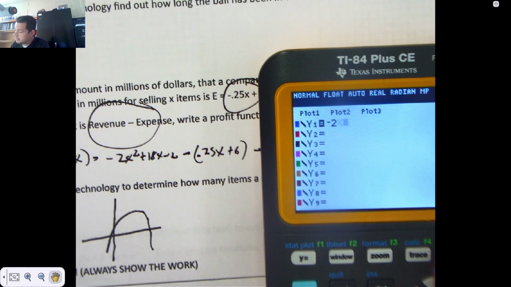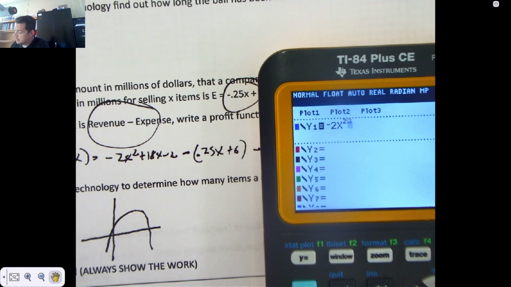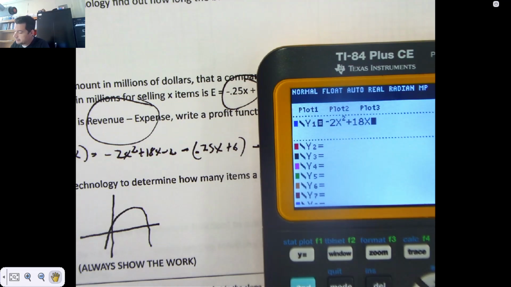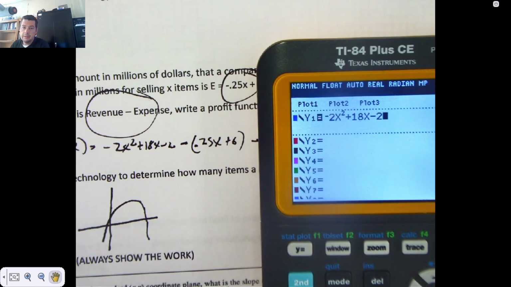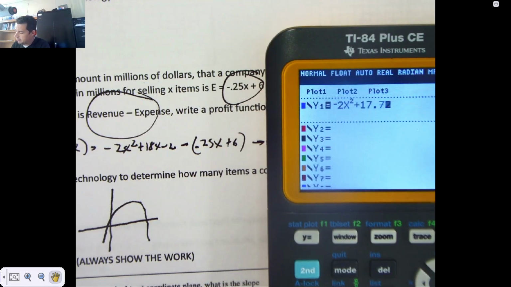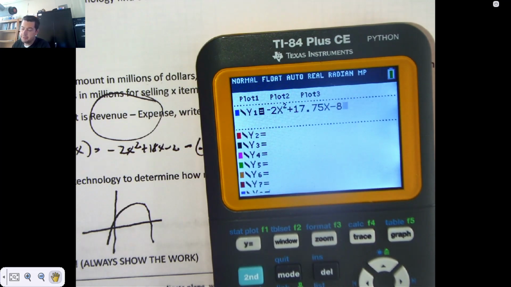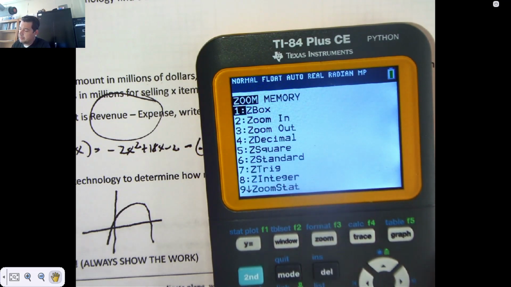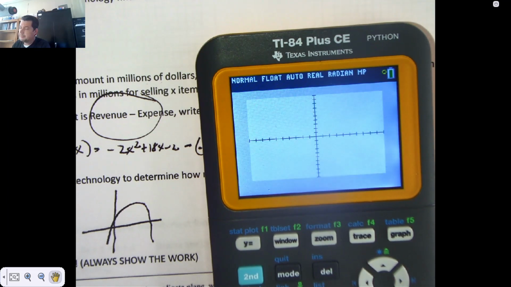Negative 2x to the second plus 18x minus 2. Whoops. Tired. Very tired. 17.75x minus 8. That's the right equation. Zoom 6.